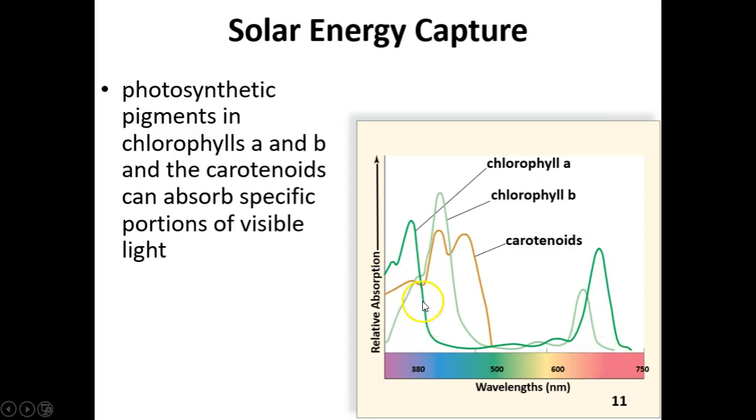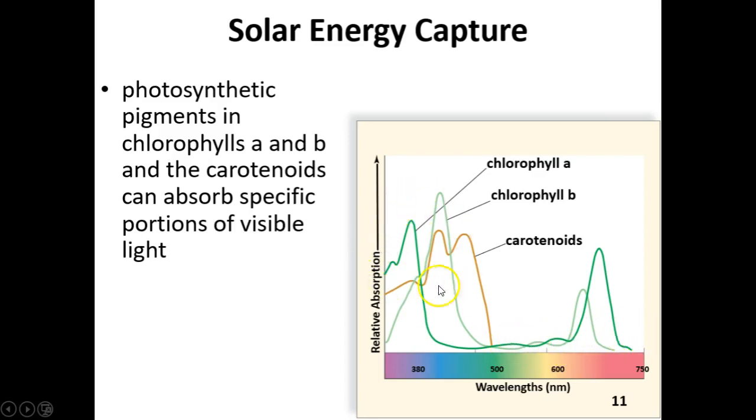And carotenoids typically only absorb in the violet and blue and green, and then they stop absorbing. So what that means is what they absorb, they're using, and they reflect the other colors.